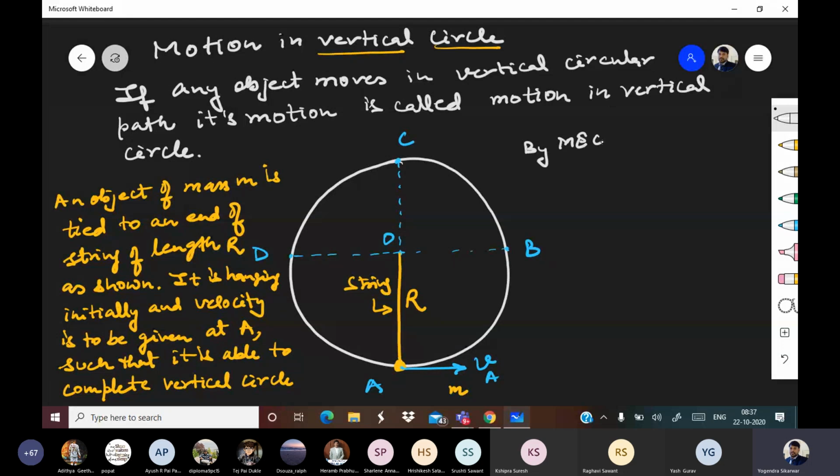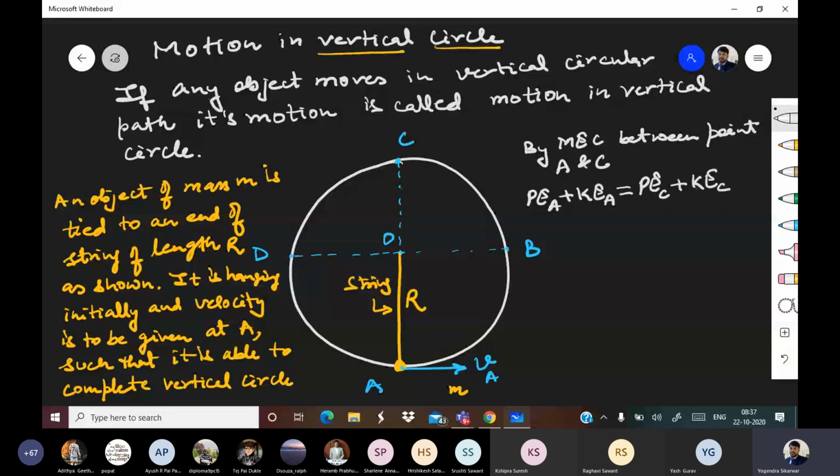By MEC between point A and C, what are we going to write? PEA plus KEA is equal to PEC plus KEC. All right.